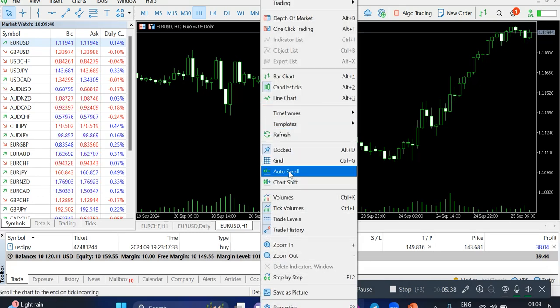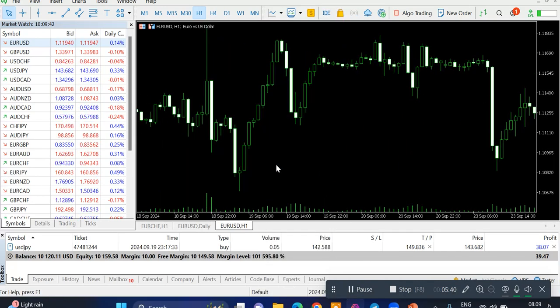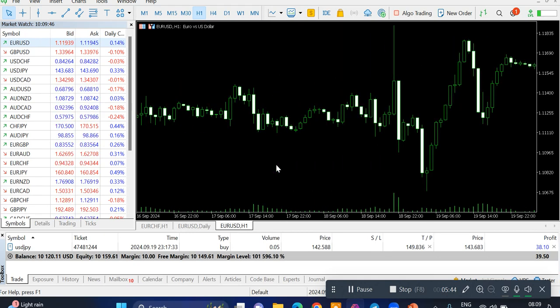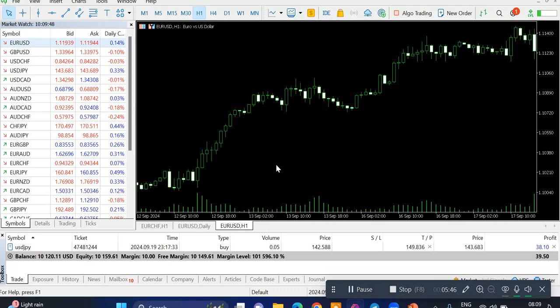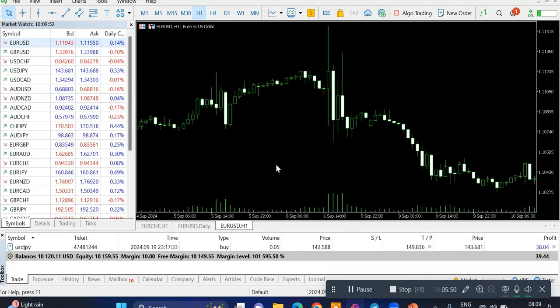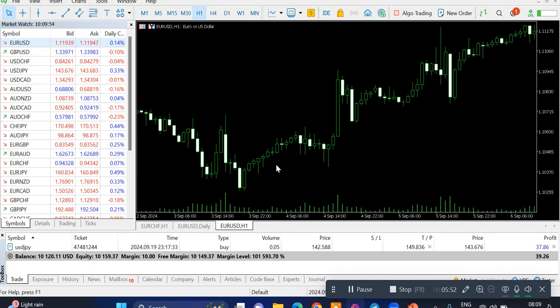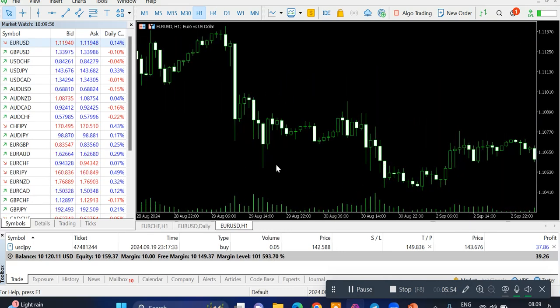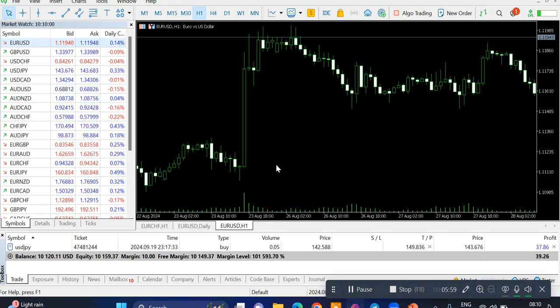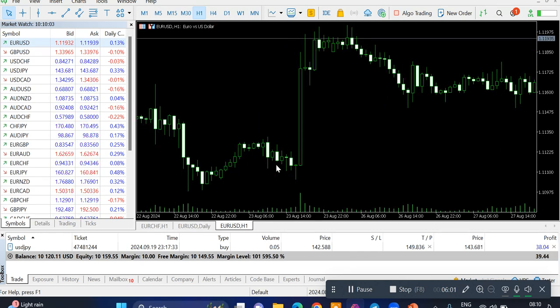Let's stop this auto scroll. Let's look at a couple of them. You can find it when checking quite a number of charts.